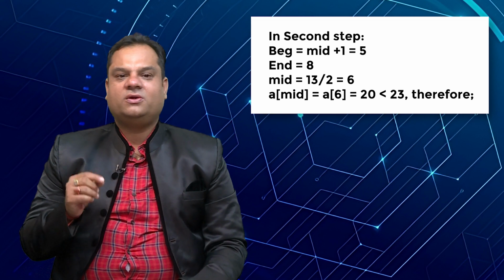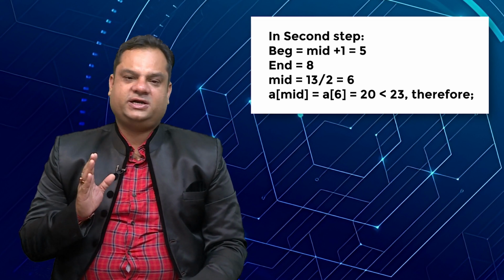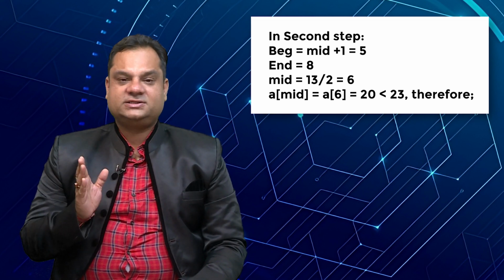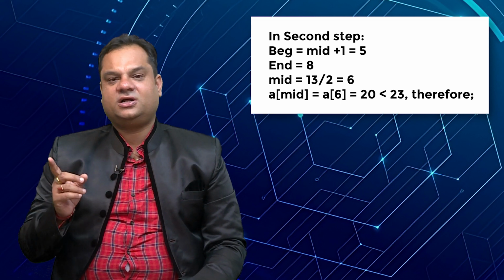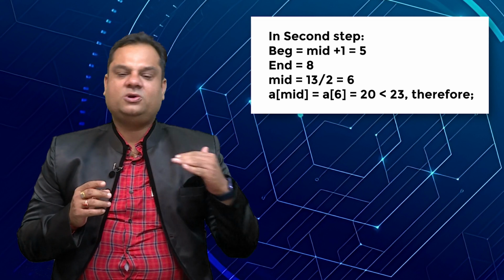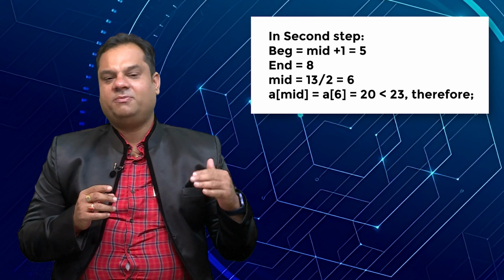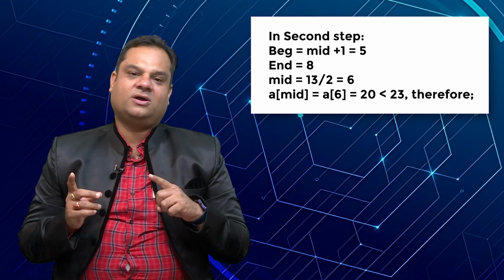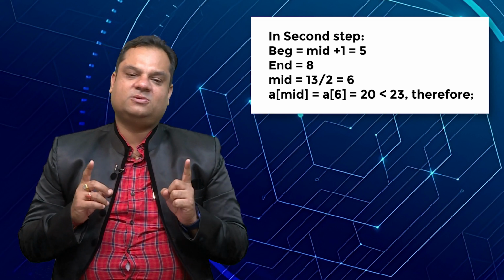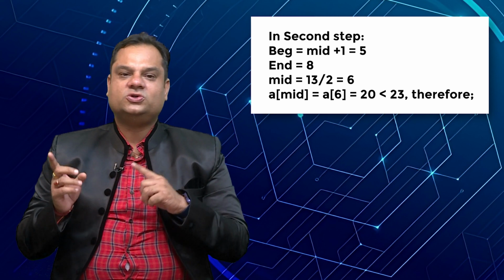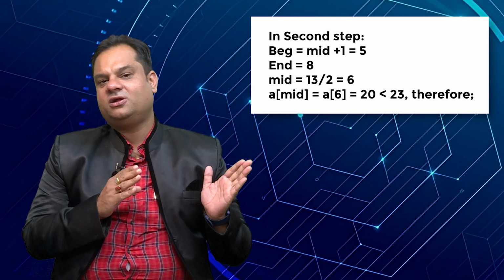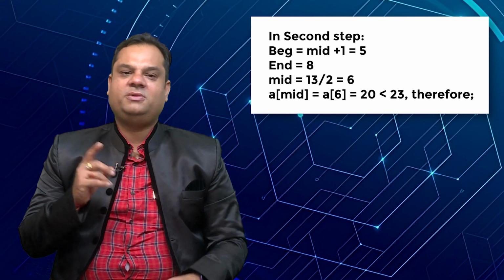By the mid operation, we understand the mid data is less than the searching data. Obviously, the items from the beginning to mid are all smaller than the searching item. So we update the beginning position to middle plus 1.